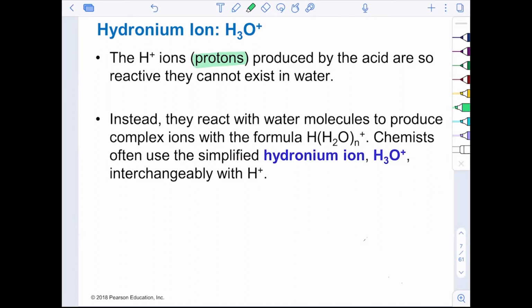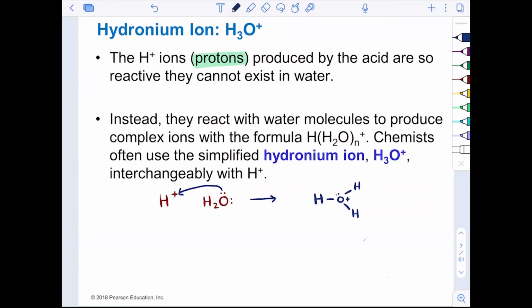Now they are produced by an acid, and they are so reactive that they cannot exist by themselves in water. All right. So if you were to imagine H plus hanging out in a solution with water, it's not going to be by itself. Instead, water is going to use one of its electron pairs from the oxygen atom and go pick it up. And we're going to be making hydronium, the polyatomic cation H3O plus.